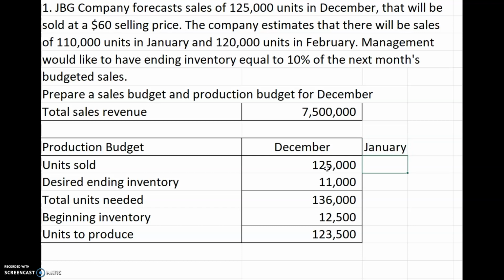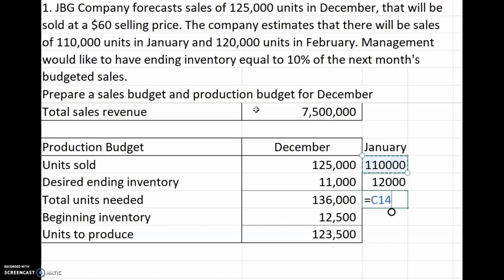So for our January production budget, we take January's units sold. We're told January would sell 110,000. Our desired ending inventory is going to be 10% of the next month. So the next month is February. So 10% of February's 120,000 is 12,000.